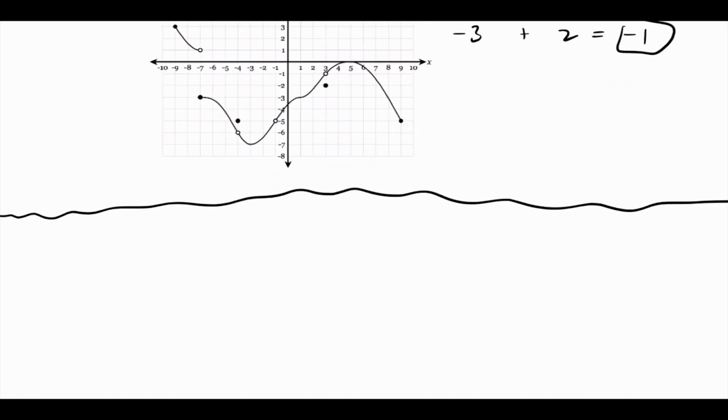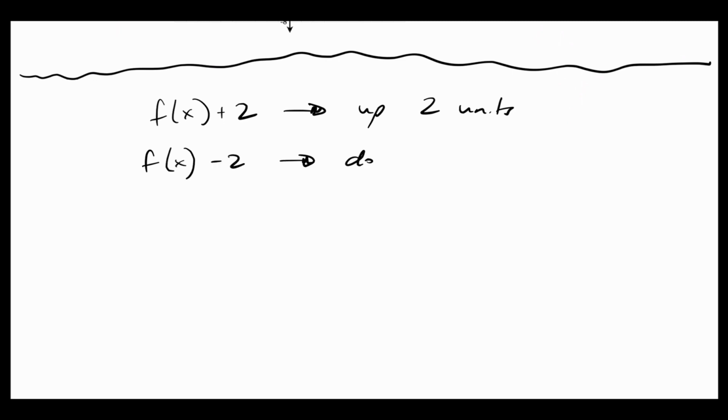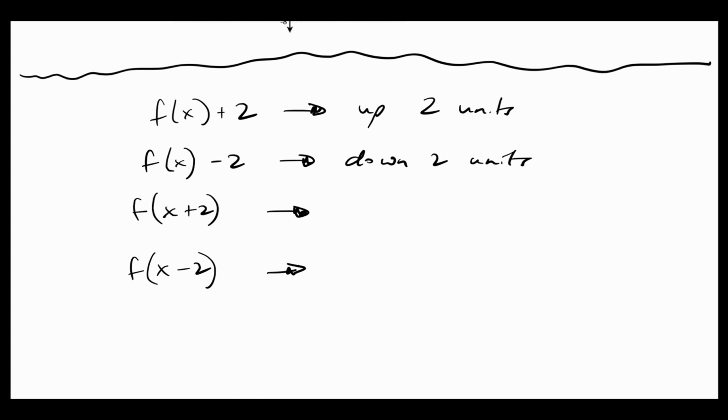I'll give you an example. That means up 2 units. That means down 2 units. So up and down, if it's plus, you go up.